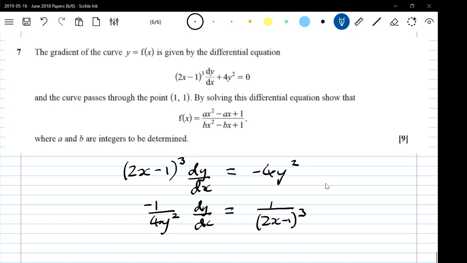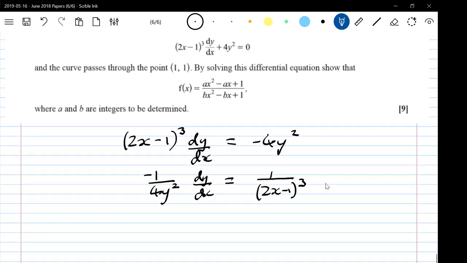I have to do that because I have to get stuff involving y onto the left, because dy is on the top on the left, and stuff involving x onto the right. That's a big thing, because before you can get anywhere with this question, you have to be doing that step.